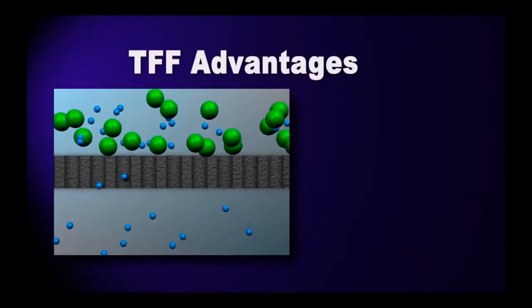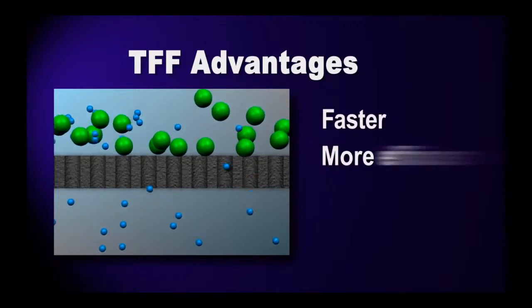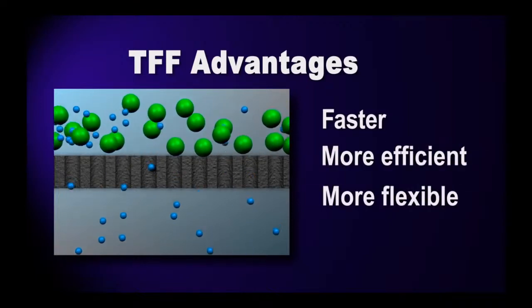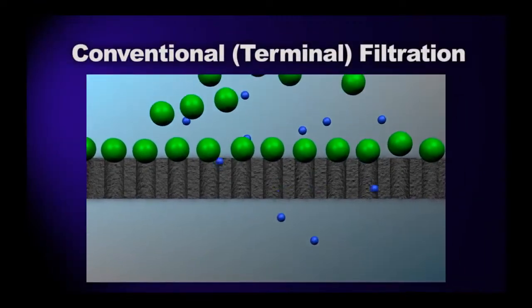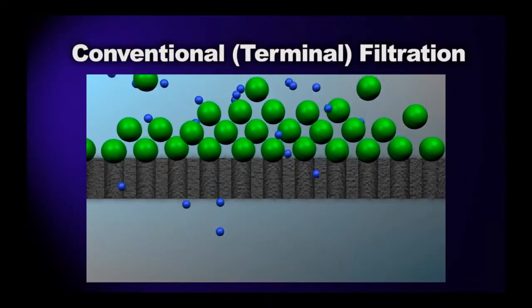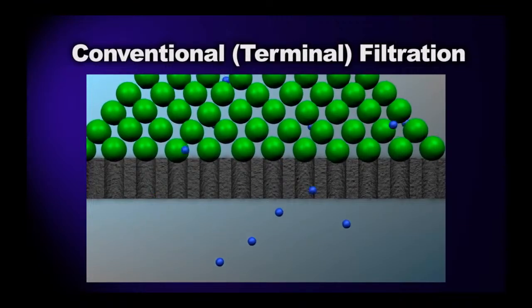What makes TFF different is a core technology that enables it to be faster, more efficient, more flexible, and even self-cleaning. In conventional or terminal filtration, a fluid is pumped directly into a filter. The particles within the stream that can't fit through the pores of the filter build up at the filter surface, eventually clogging it.